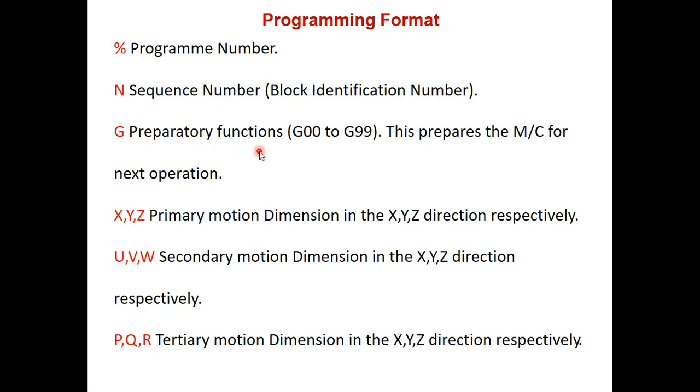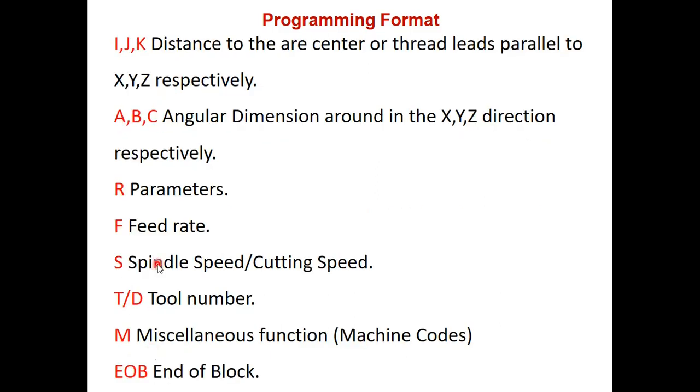G is the preparatory function, then X Y Z or U V W P Q R are all the dimensions with respect to the X, Y and Z directions. Similarly, R is a parameter, it may be a radius. F is the feed rate, S is the cutting speed, T or D is the tool number, M is the miscellaneous function, and EOB is the end of the block.